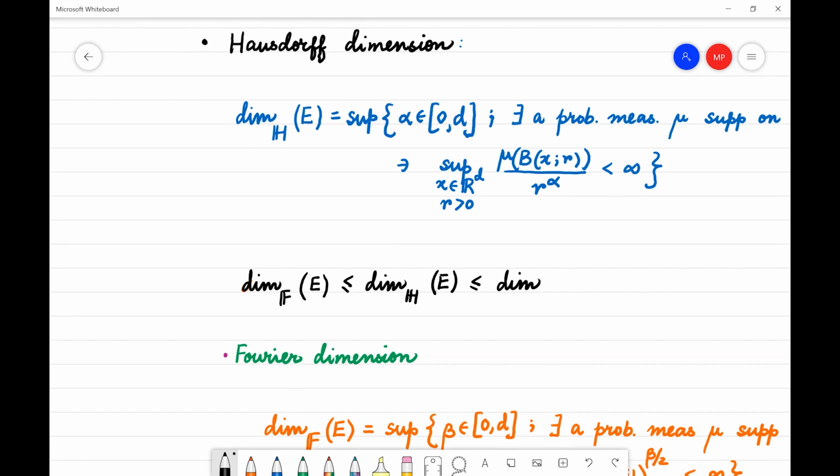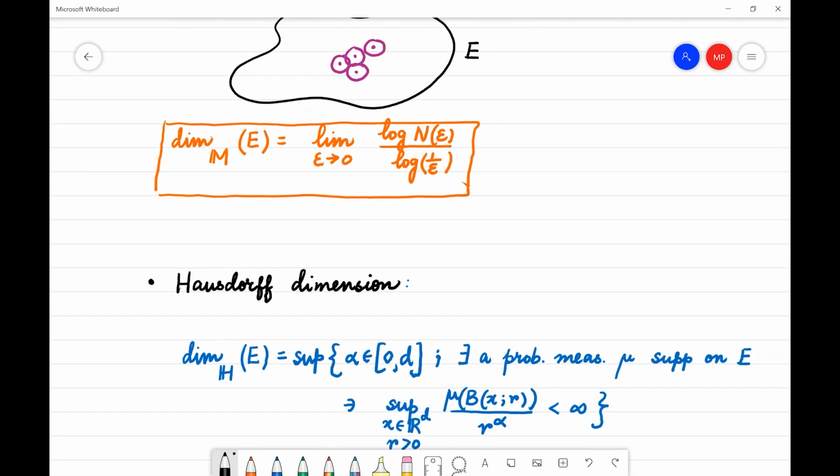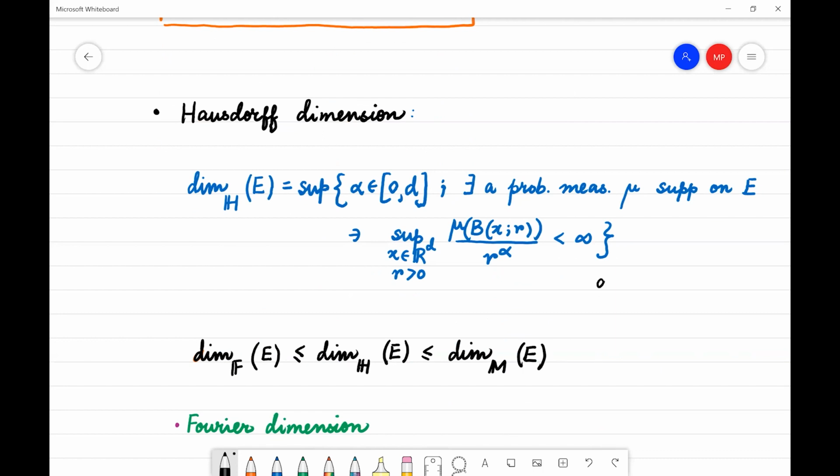And in general, these inequalities are strict. So for example, the Minkowski dimension of the rationals is 1. The Hausdorff dimension of the rationals is 0.